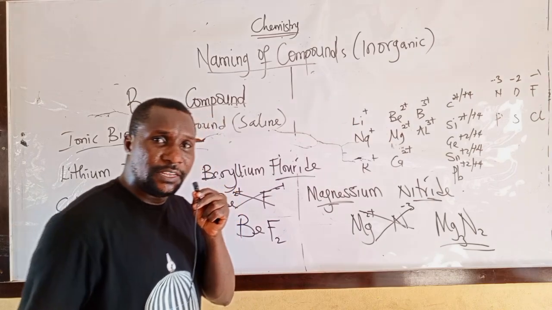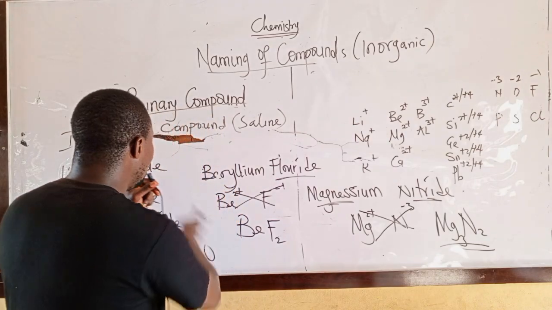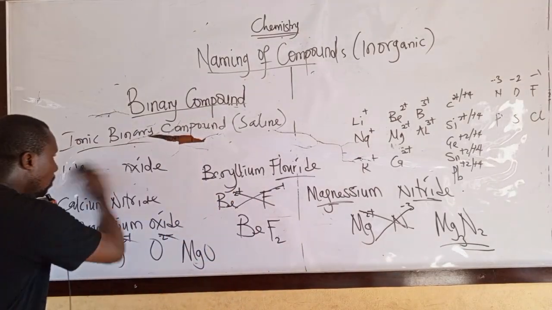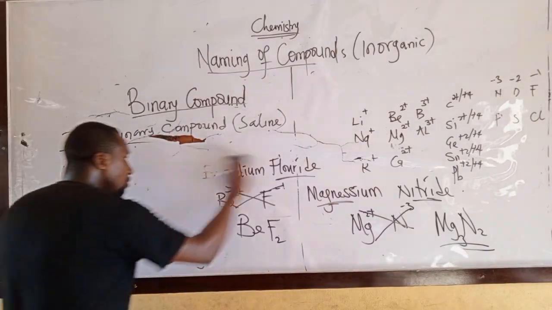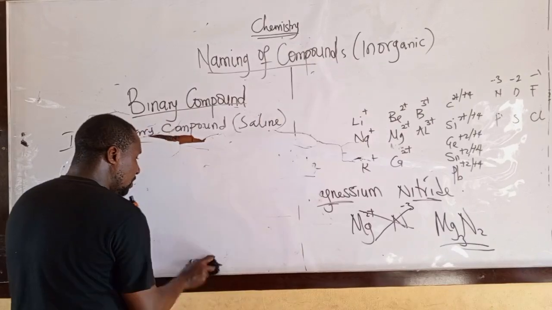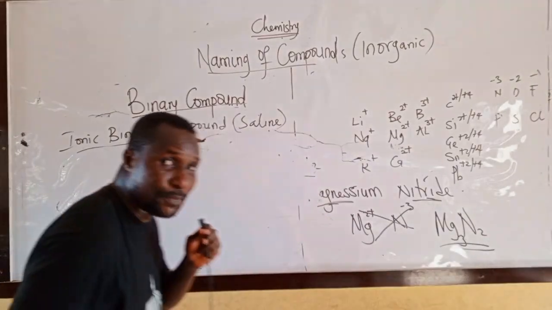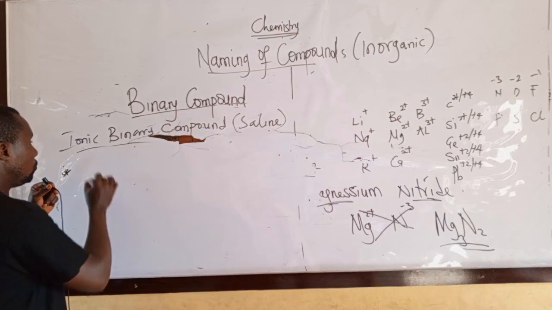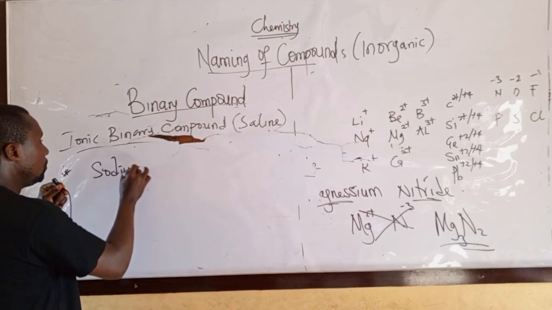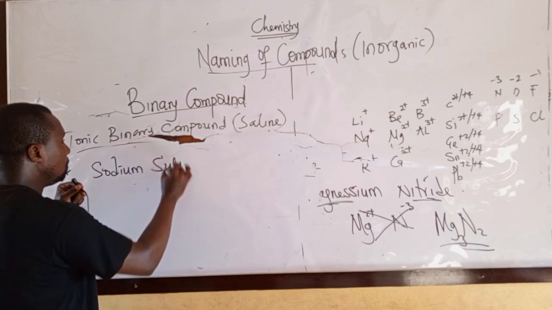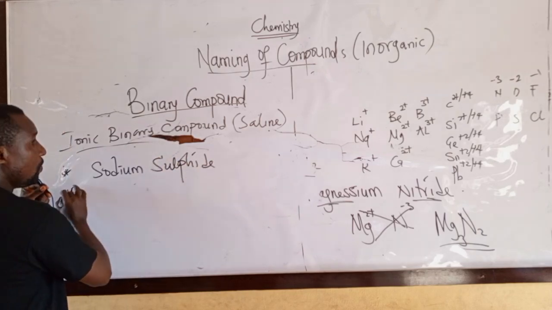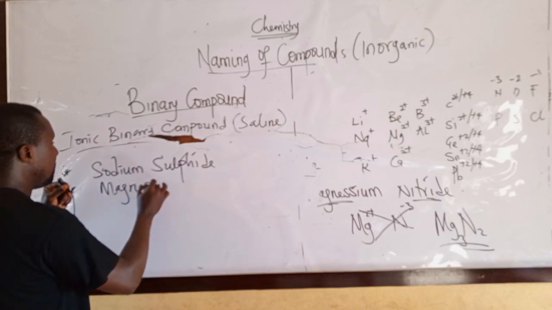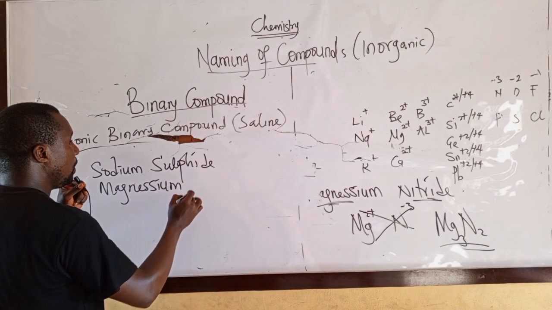Before I go to the next video, let me give you some assignment under ionic binary compound. Please practice this at home and drop your answer in the WhatsApp link below. You have sodium sulfide. Try this. You have magnesium chloride.